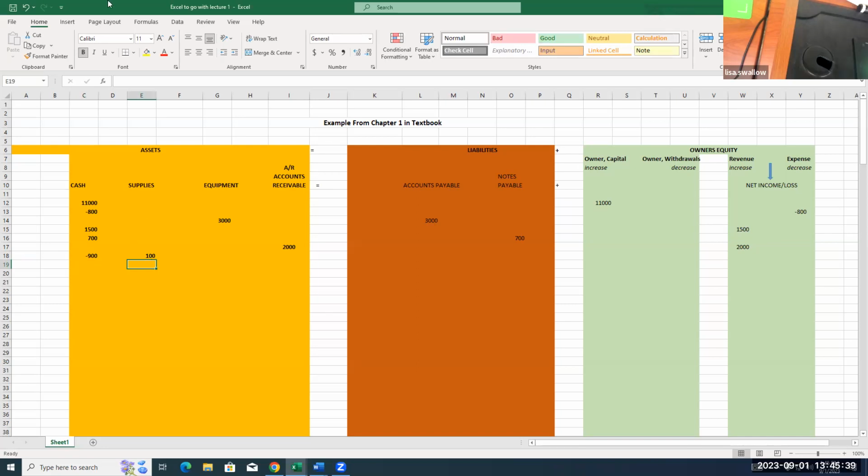What has happened to my assets from this transaction so far? Look at the numbers. I've got a minus 900 in cash and a plus 100 in supplies. So what's happened to my assets so far? They've gone down $800, right?